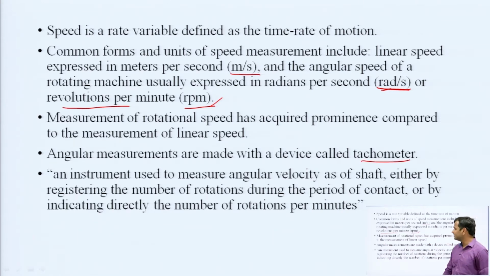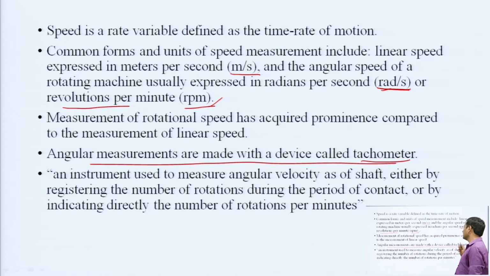Angular measurements are made with a device called a tachometer. When we talk about measuring angular displacement or angular speed, the instrument we prefer is the tachometer. So the angular displacement can be measured with the help of a tachometer.